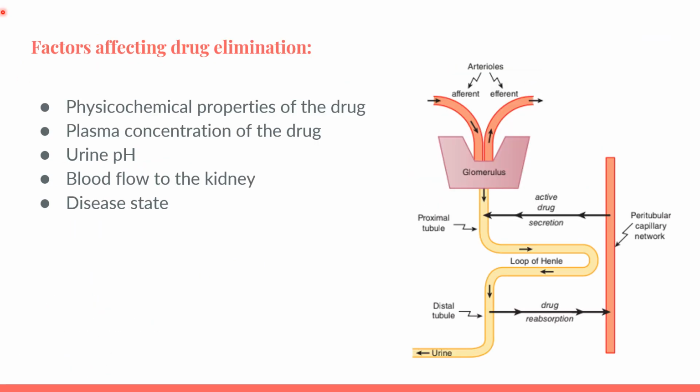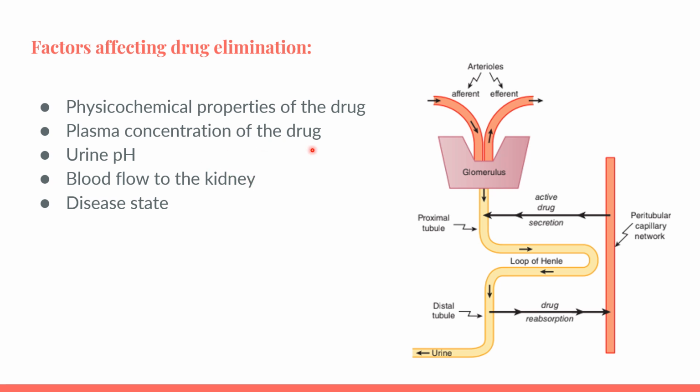And finally, some factors affecting drug elimination. Physicochemical properties of the drug, because we know that the drug has to have certain chemical properties in order to be eliminated in the urine. And one of the most important ones is that it has to be hydrophilic, because hydrophobic drugs are not eliminated in the urine.